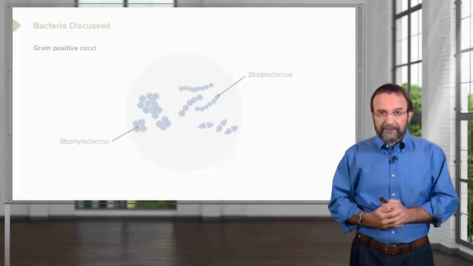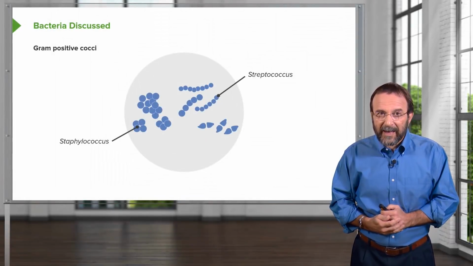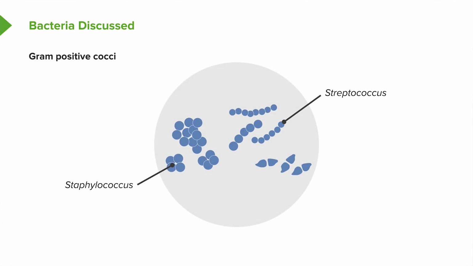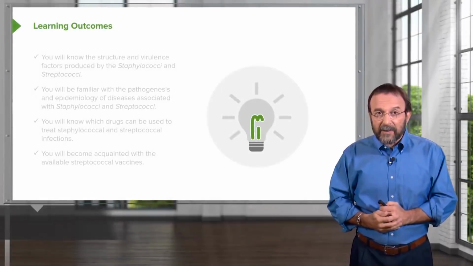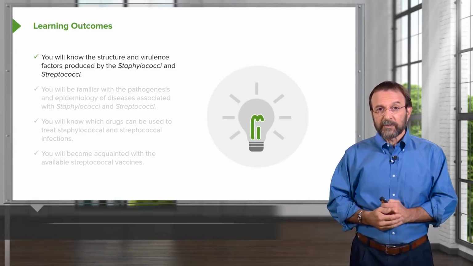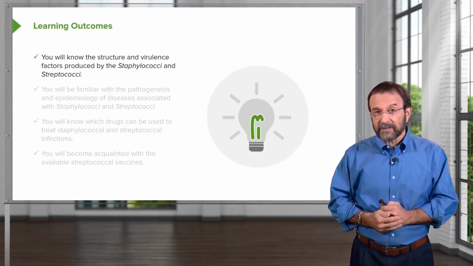So today we have talked about two kinds of gram-positive cocci that cause a variety of skin and systemic infections, the Staphylococcus and the Streptococcus, diagrammed here. And after listening to all of this, I hope that you'll know the structure and virulence factors produced by both Staphylococci and Streptococci.